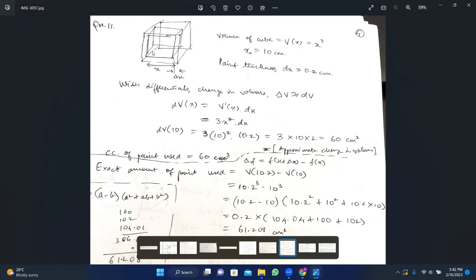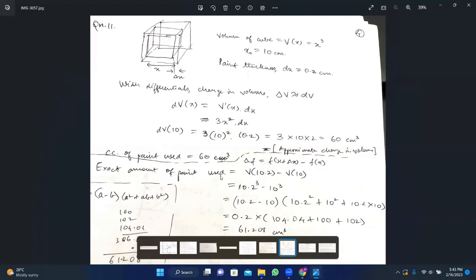On either side of the faces, we have a coat of paint thickness, but here we will only consider that the total thickness is 0.2 along one edge. So we have V prime of x, 3x square: 3 into 10 square into 0.2. So we get 3 into 10 into 2, which is 60 centimeter cube. So this is the approximate change in volume. The cc of paint used is 60.